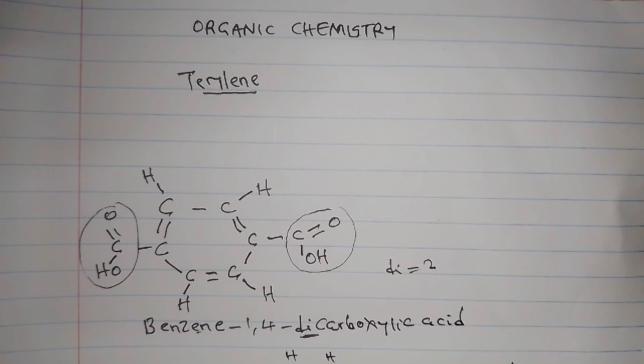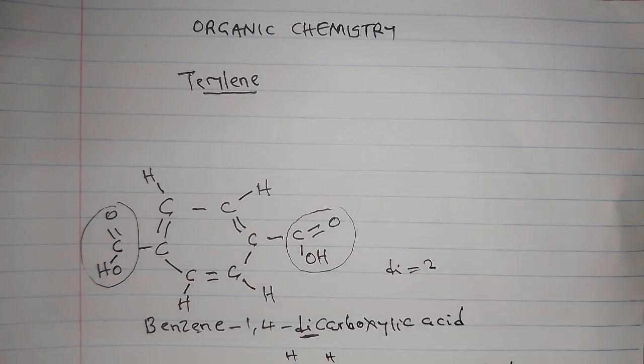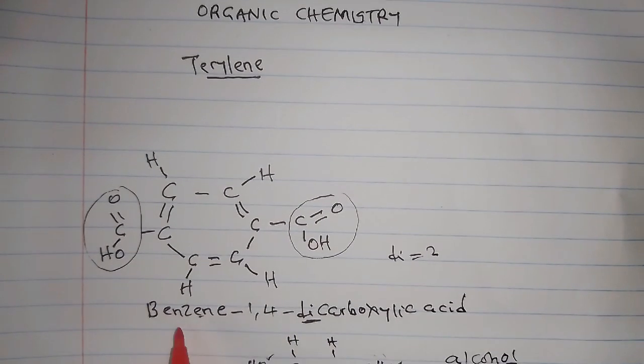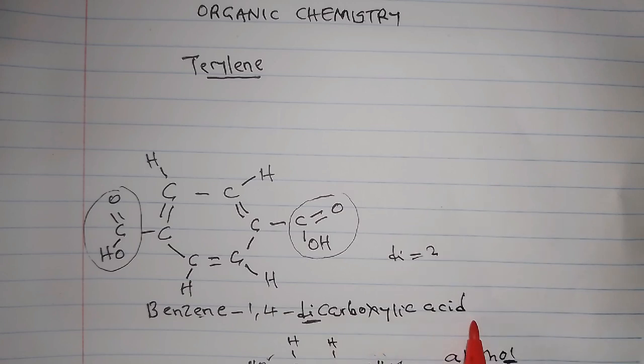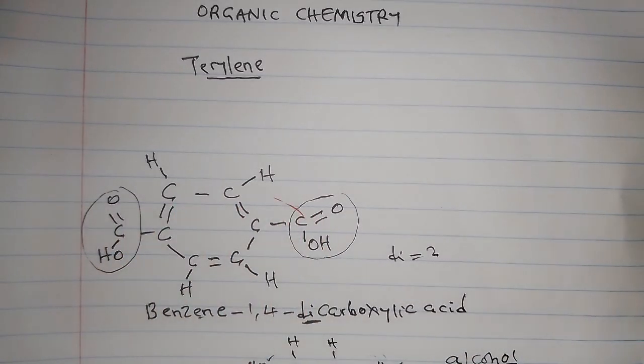Now, before we dive into what is happening, the structure that you see is normally called benzene 1,4 dicarboxylic acid. Now, this is very complex. Of course, you don't have to know how to come up with this one, but let me just explain what is happening.